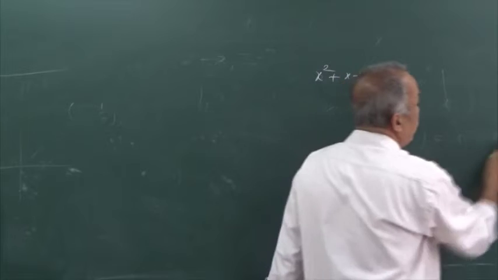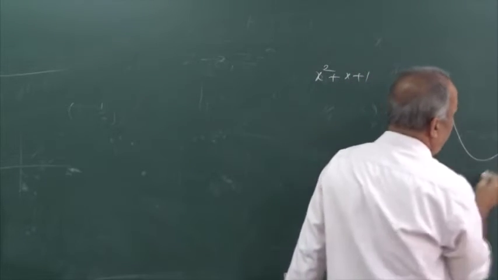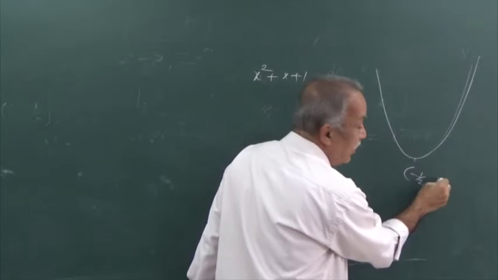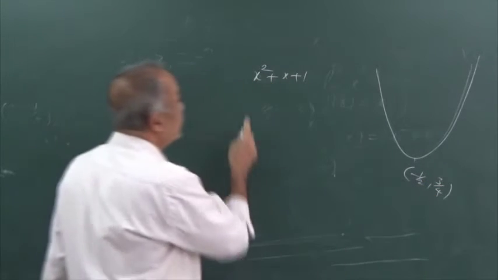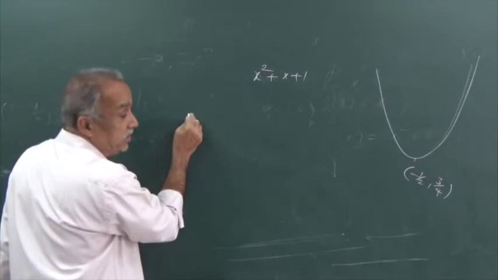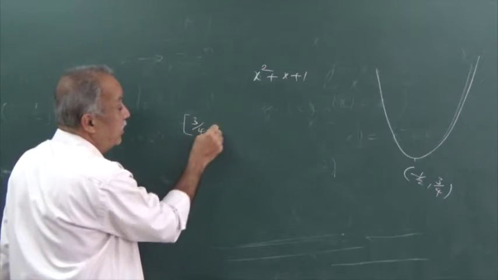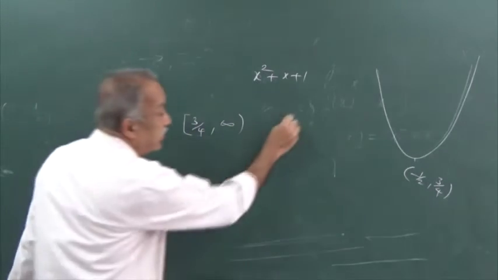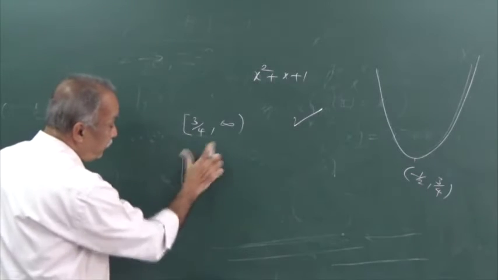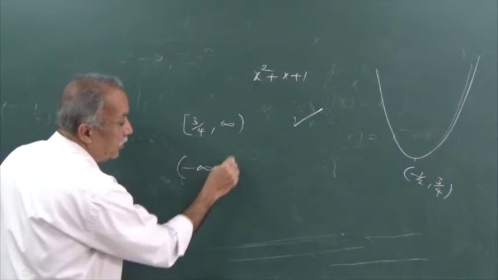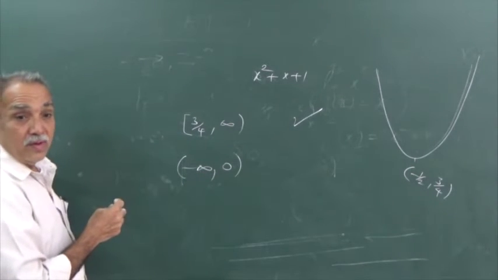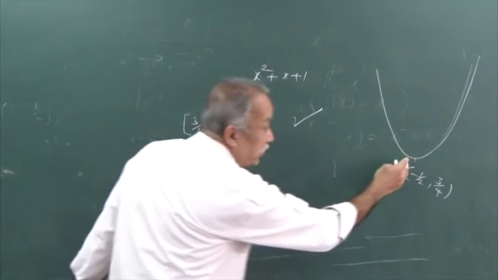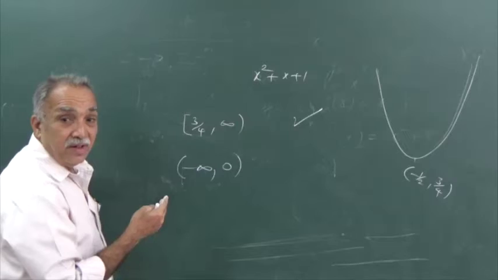Let me draw the graph. I am considering this with this domain. Will the function be 1-1? Yes. Did I go to the right of minus half? Yes.